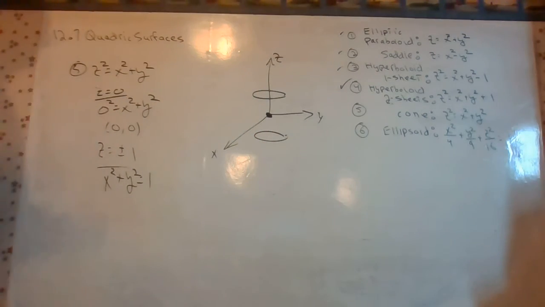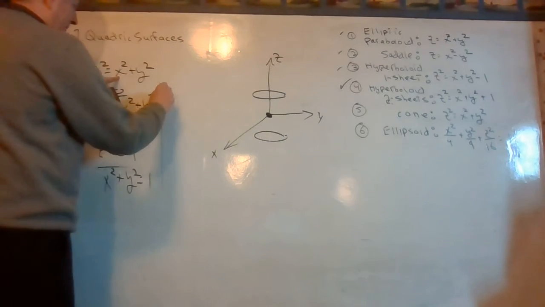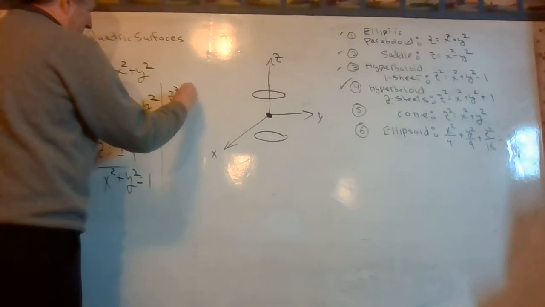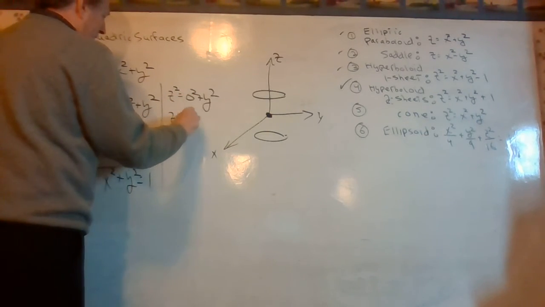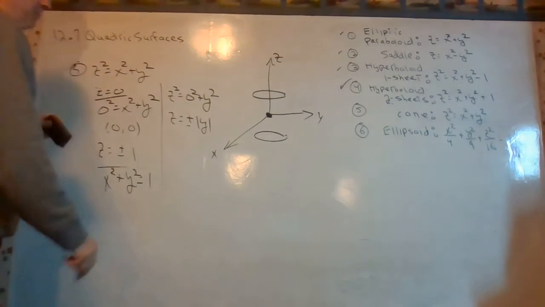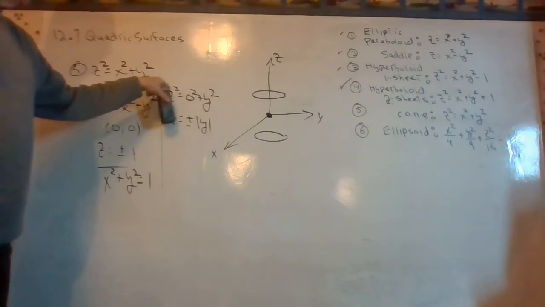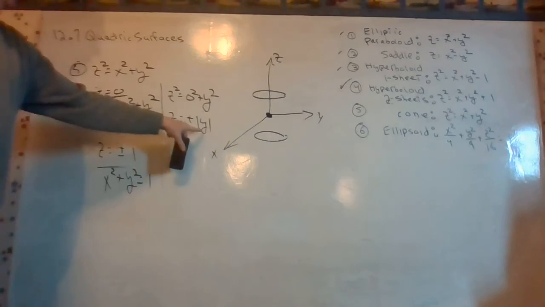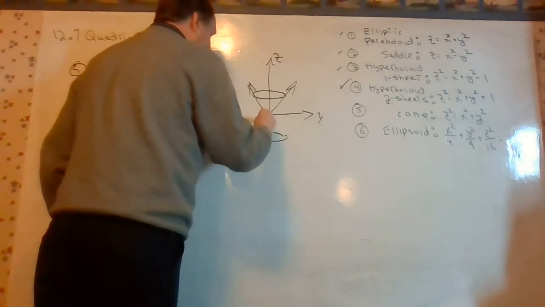And the question is, what does a profile look like? Well, if we look at it in the yz plane, you can let x be 0. And you actually have z equals plus or minus the absolute value of y. You take the square root, and guess what? That's a linear relationship.